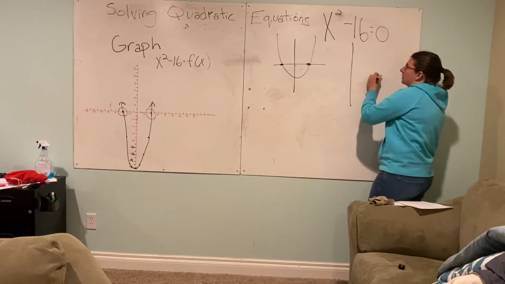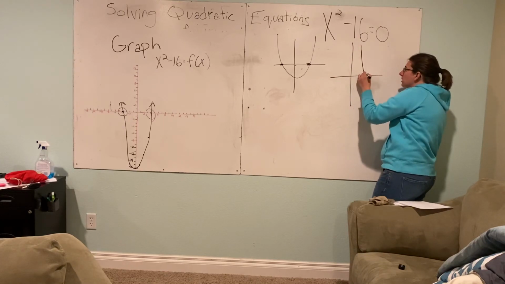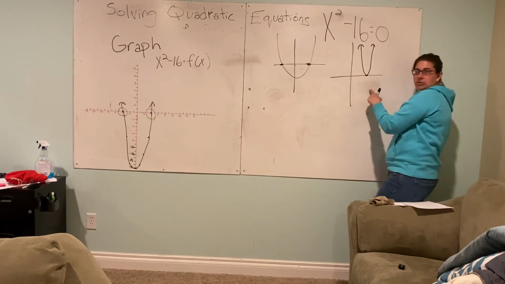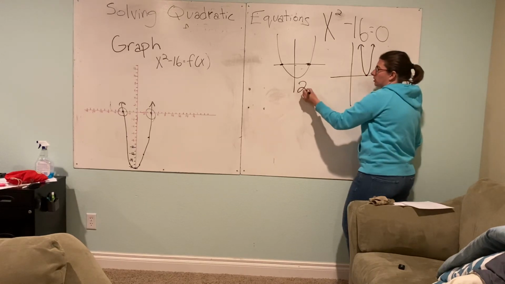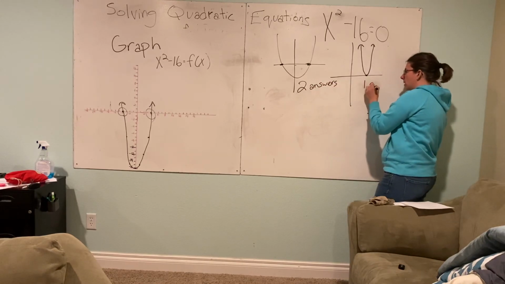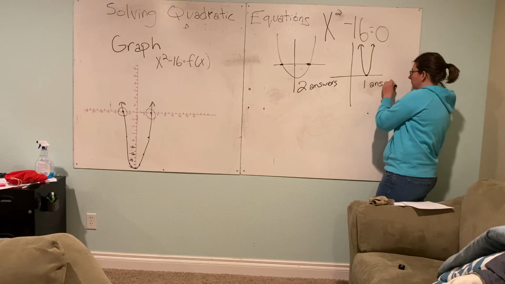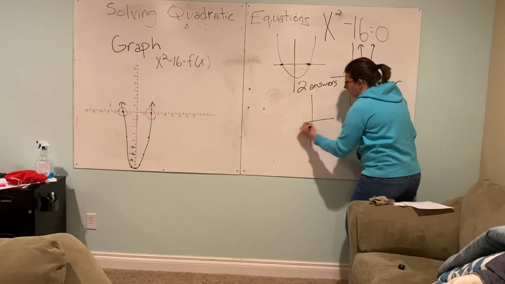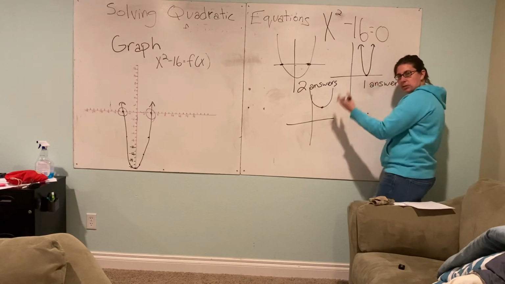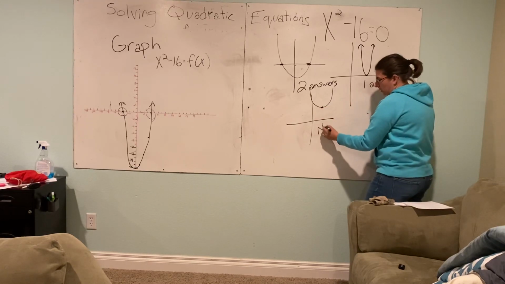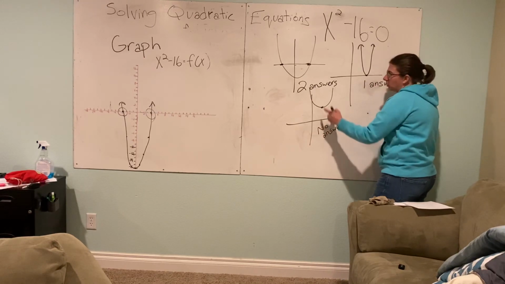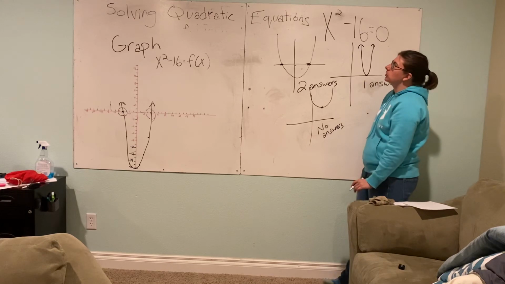It might be possible that maybe your vertex is on the x-axis, and it only gives you 1 answer. Or maybe the vertex is somewhere up here and the graph is going up. There might be no answer. It might not cross the x-axis, and that's okay as well. So you're going to have 3 different possibilities when you're doing this.